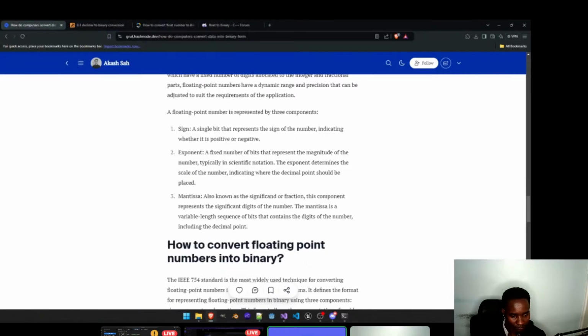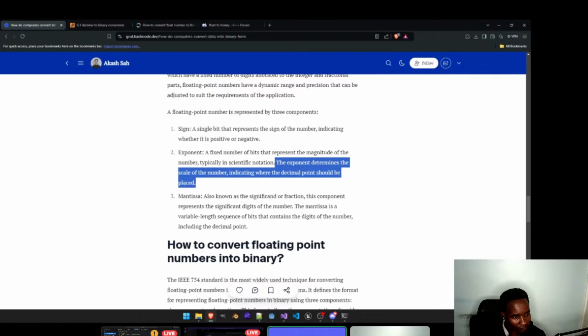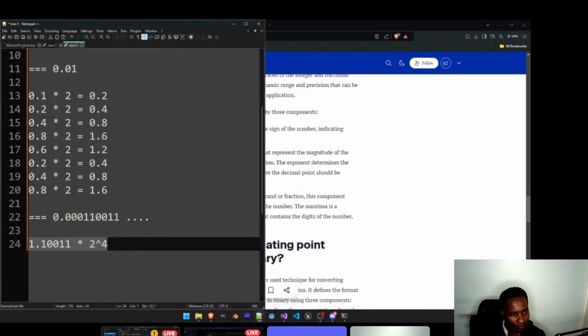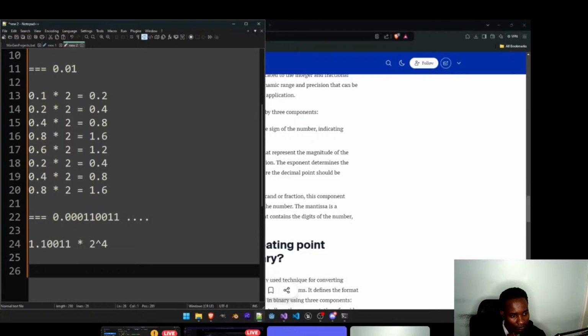But then there's something here. I had read before that they usually add a bias. I don't know if you know this, but floating point numbers are usually 32 bits stored in memory. So the bias for a 32 bit will be 127.